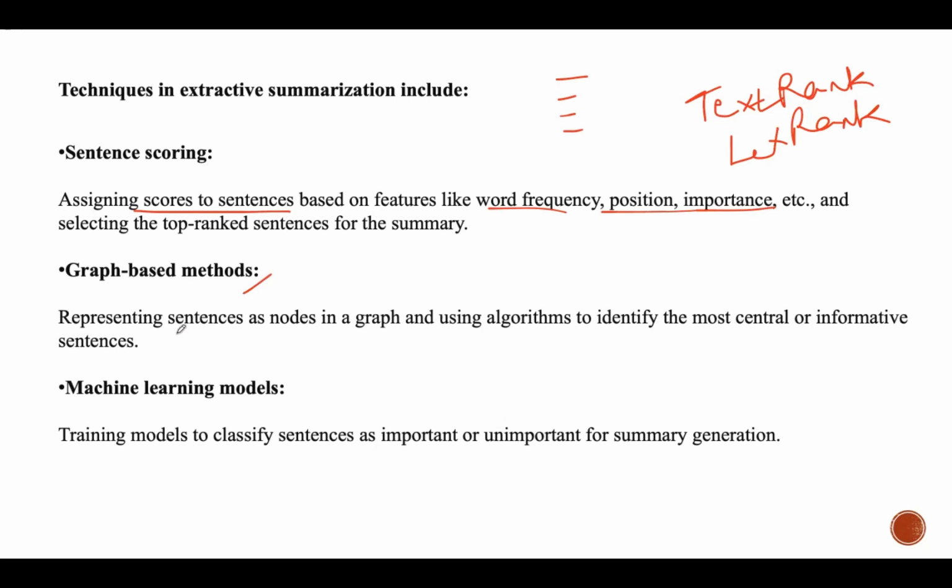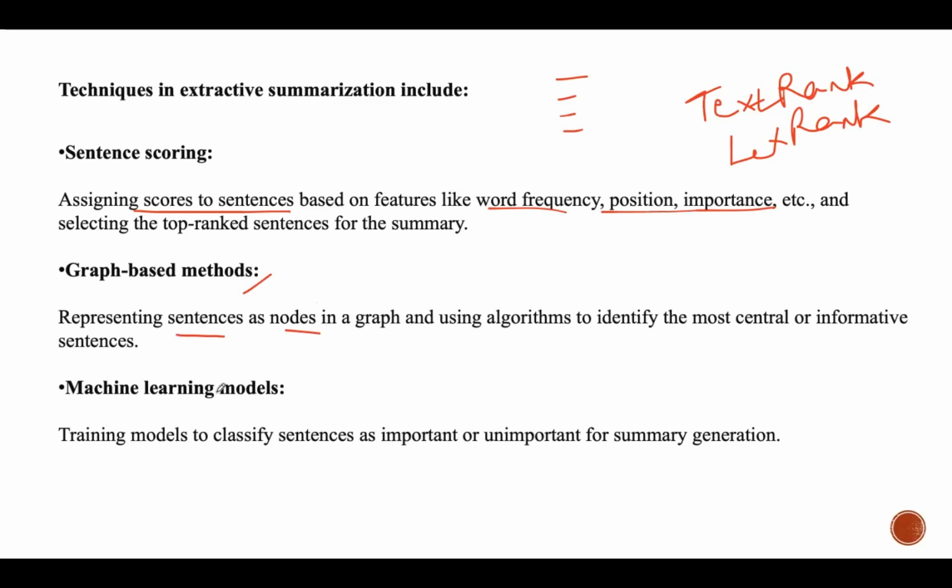So here we are taking sentences and these sentences are represented as nodes in the graph. So we'll be using some graph-based algorithms like degree centrality, betweenness centrality, or you can use eigenvector centrality to identify important sentences based on their centrality in the sentence graph.